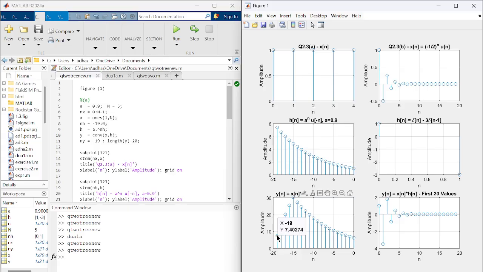For y[n], we start at negative 19 and go to negative 1. That's all for our convolution. Convolution might look a little bit weird with the formula, but in MATLAB you just define your vectors and use the convolution function.